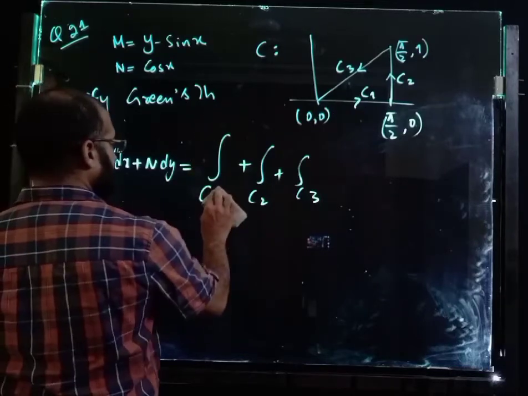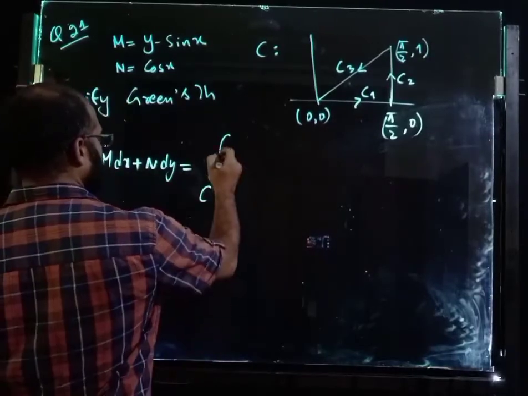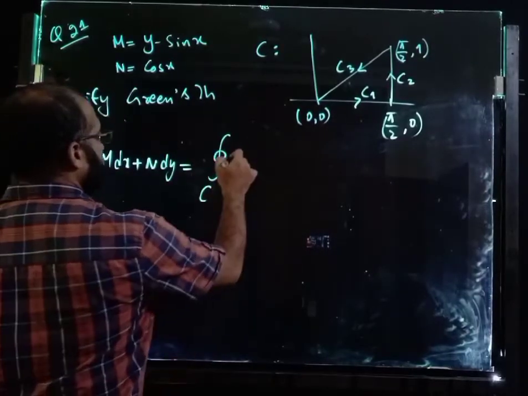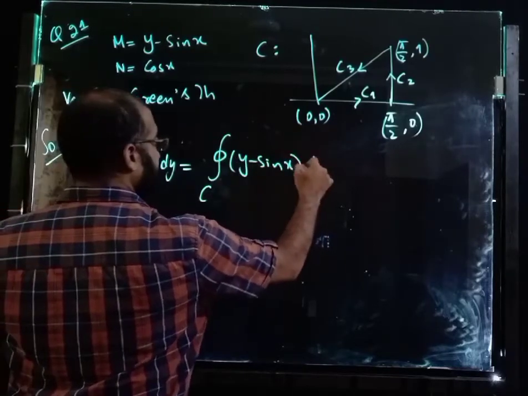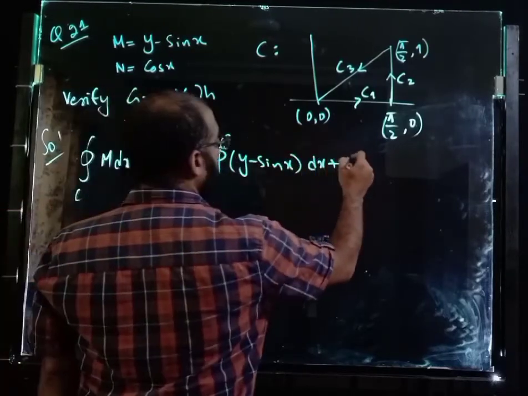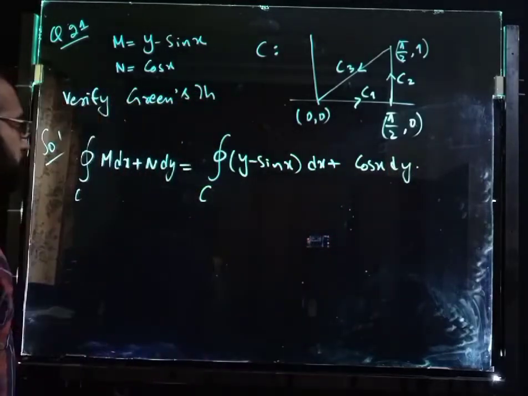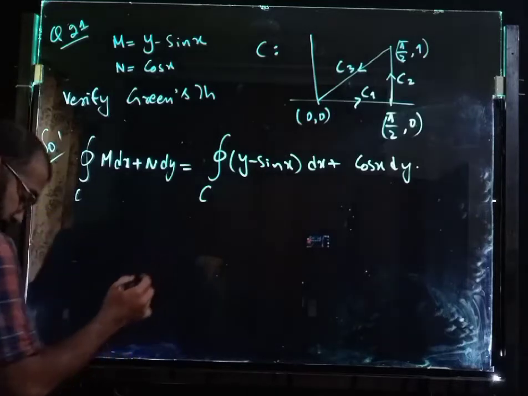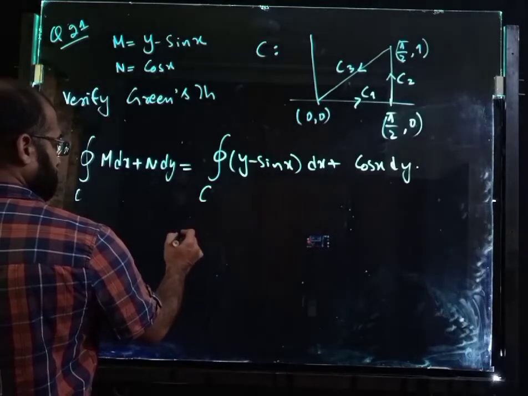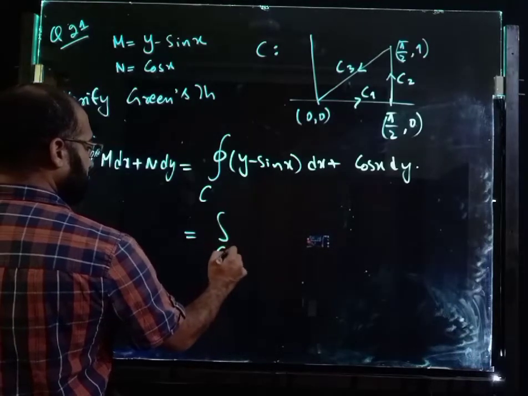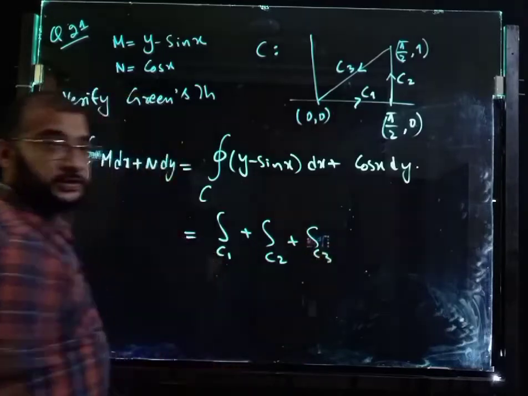To go over there, it is better to firstly write what M is: y minus sin x dx and cos x dy. Yes, I can integrate it along the curves C1, C2 and C3.